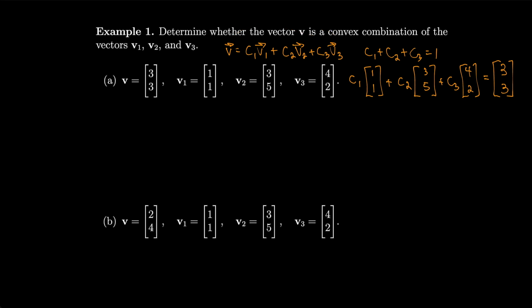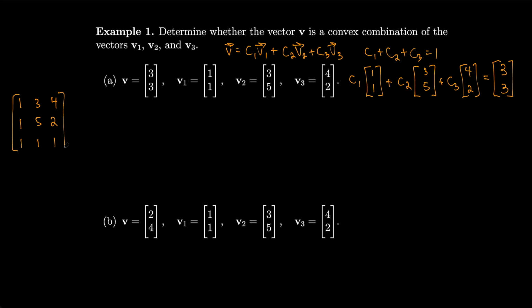Now let's solve for c1, c2, and c3. So I'll write the matrix 1, 3, 4 by just reading off the first entry for each of the vectors, and then my second row will be 1, 5, 2, and then I'll just set the last row to be all 1s.